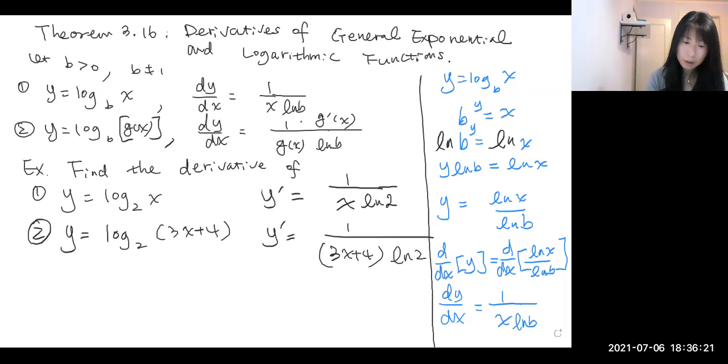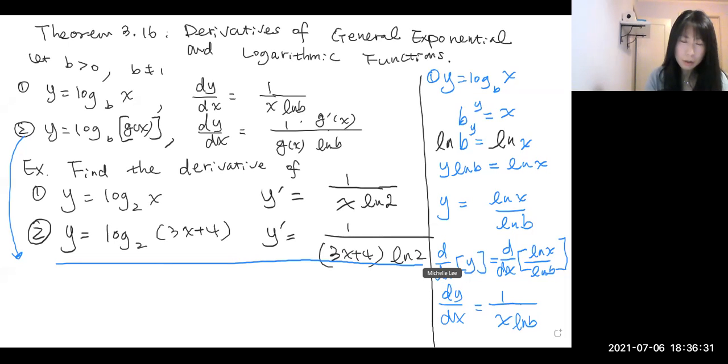So how about the second one then? Since I showed the first one, let us show the second one as well. For the second one, we're going to start with y equal to b to the x. Then we take the ln of both sides.